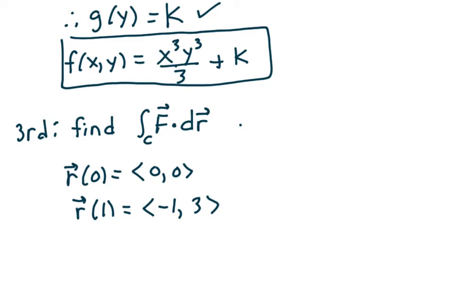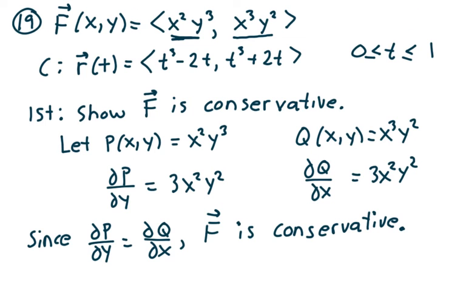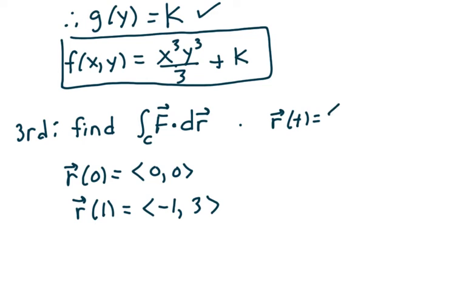Now, I want to find the integral over C of F dot dr. Now, r of 0, here, let's go back. So r of t, let's remind ourselves, is t cubed minus 2t and t cubed plus 2t. Right?